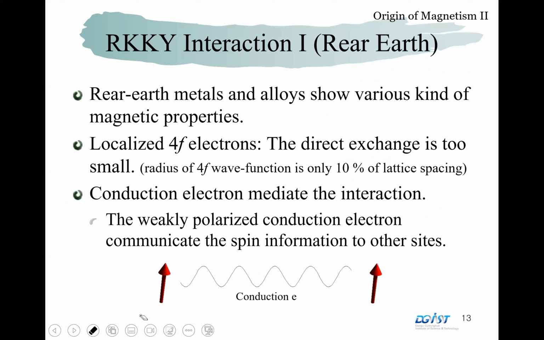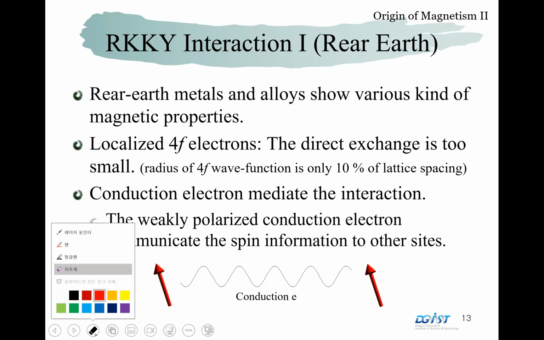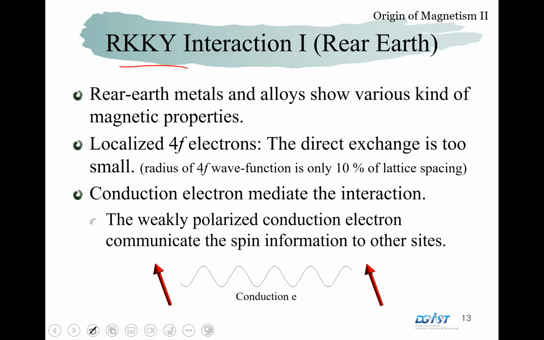And also, one more important exchange coupling is called the RKKY interaction. Have you ever heard about RKKY? Yeah, it came from the names of four guys. I don't remember each name, but okay. This RKKY came from the interaction in rare earth materials. The rare earth metals and their alloys show various kinds of magnetic properties.